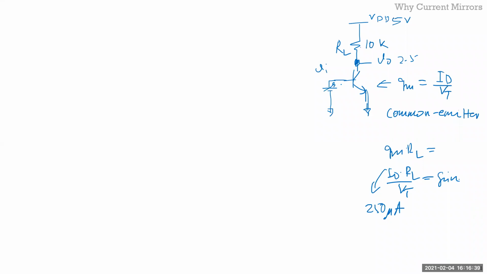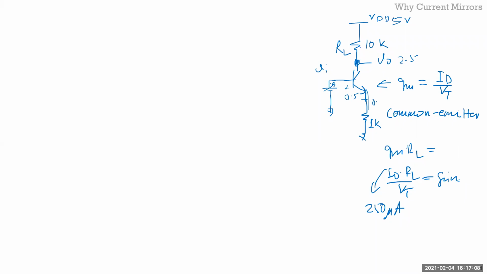So typically in discrete circuits, the way you bias it is you degenerate the emitter. Let's take some examples. So this is, let's say, 1K. I want to put 250 microamps here. That means this voltage needs to be at what voltage? 250 millivolts, 0.25 volts.